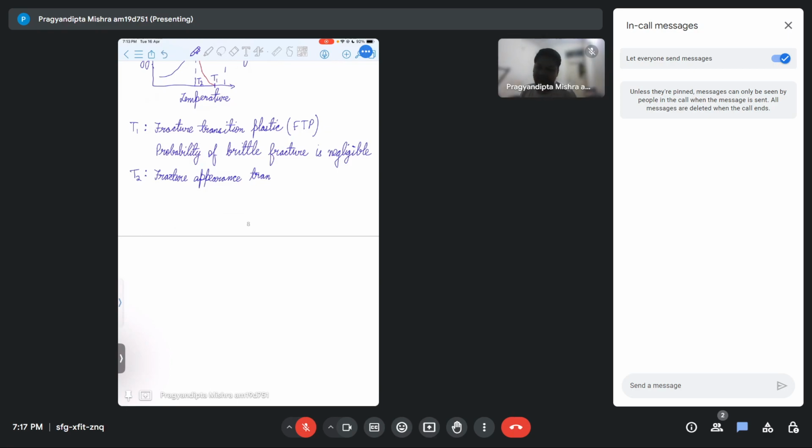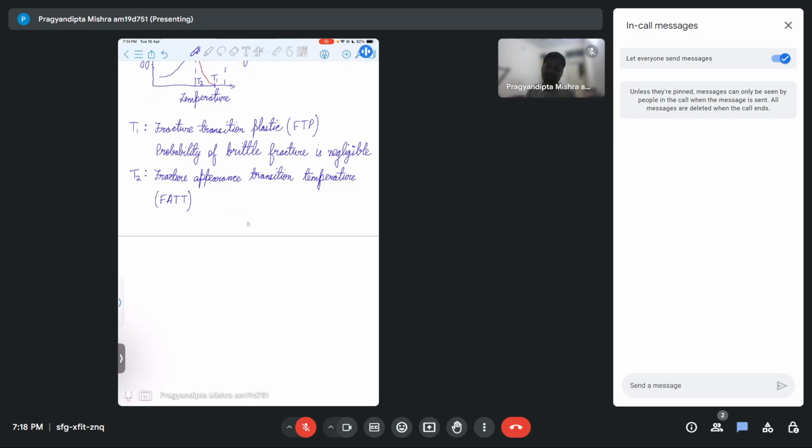Finally, T5 is the opposite of T1. Basically, here we have nil ductility temperature. So this happens somewhere here. Let me say, yeah, the lower shelf, where it is hitting. This was T4, and this is T5.